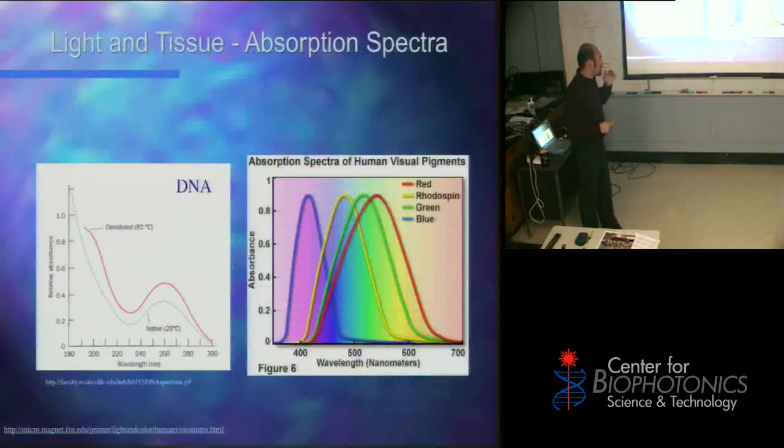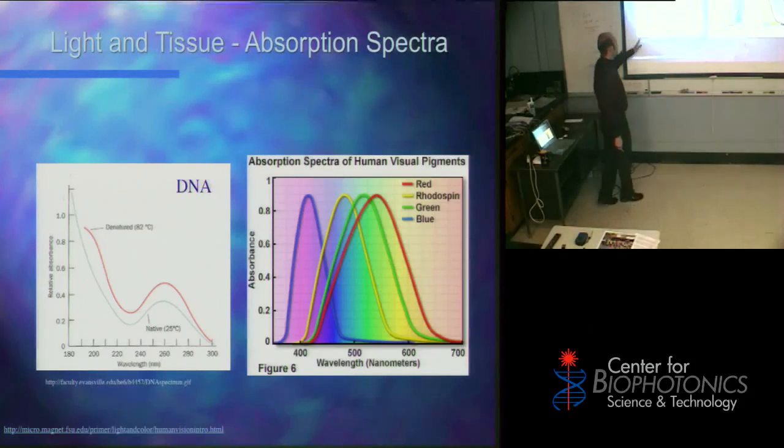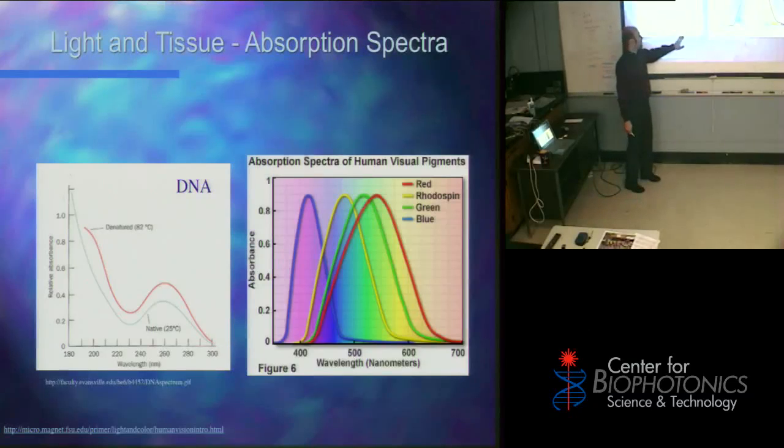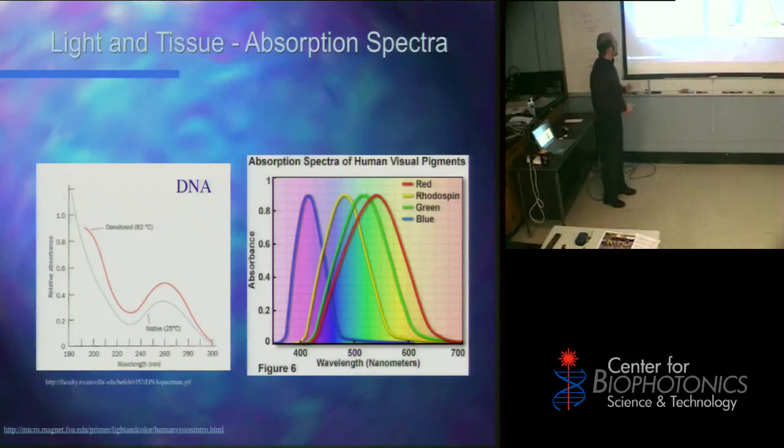And when we look at specific living tissue and we look at their spectra, okay, which shows us how light is absorbed by them, if we look at DNA, we can find out something about the DNA. Here's the wavelength, 180 nanometers. This is all in the ultraviolet, up to 300 nanometers. Okay? We can see that DNA that's double-stranded, native, will have a spectrum that looks like this.